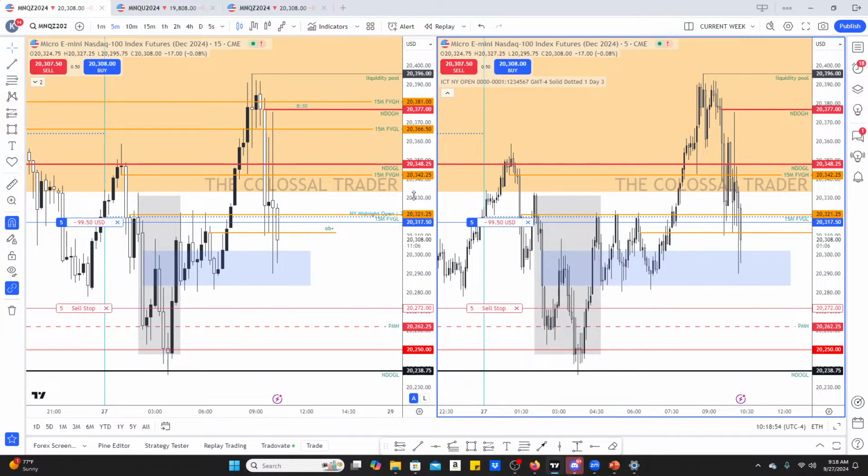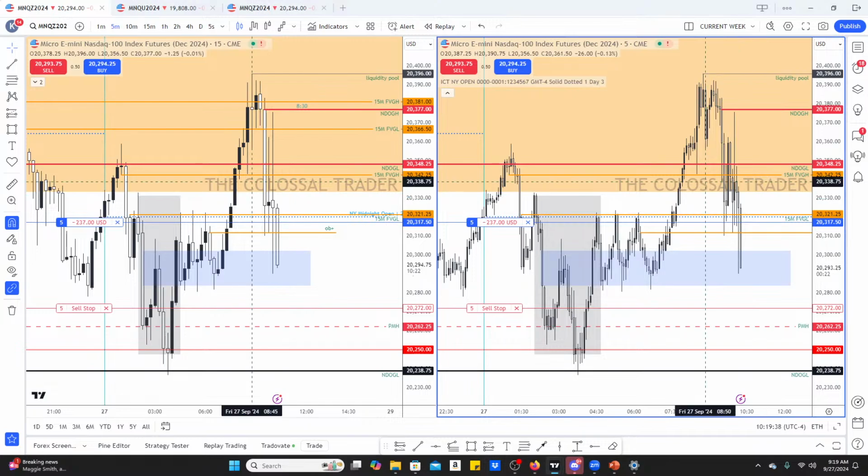It's taking too long to show me that. They're gonna stay lower.